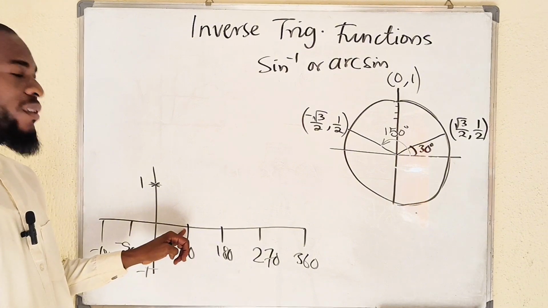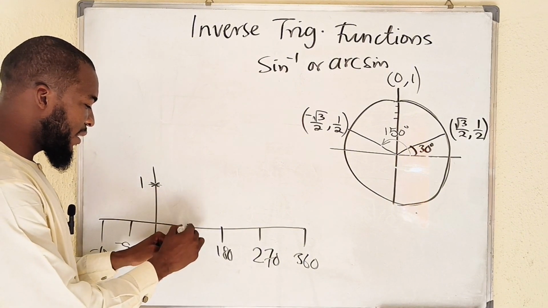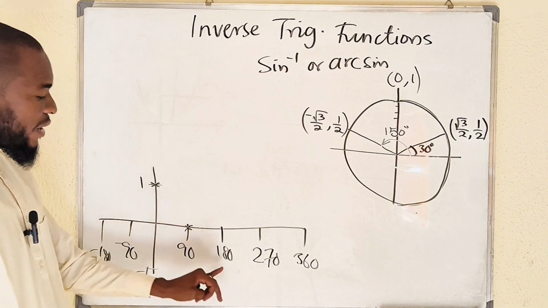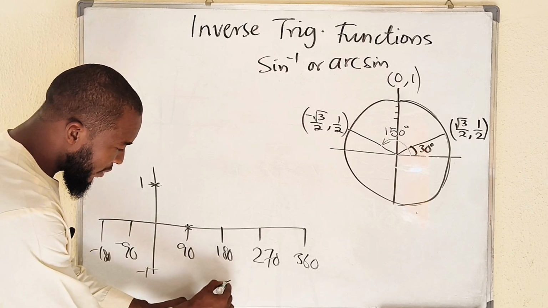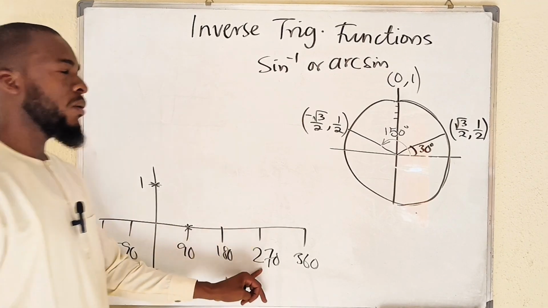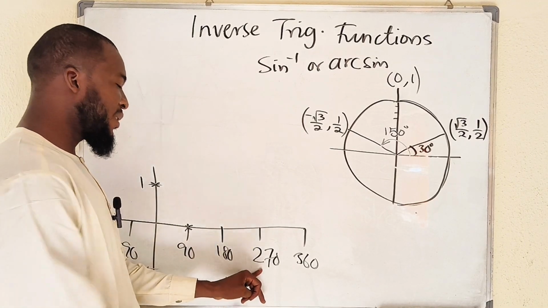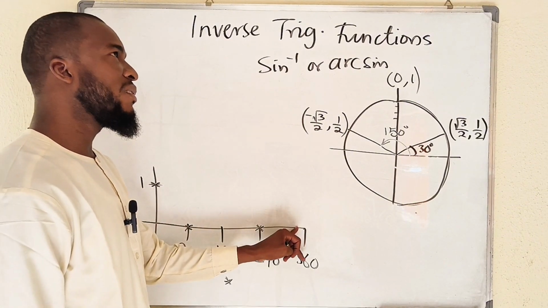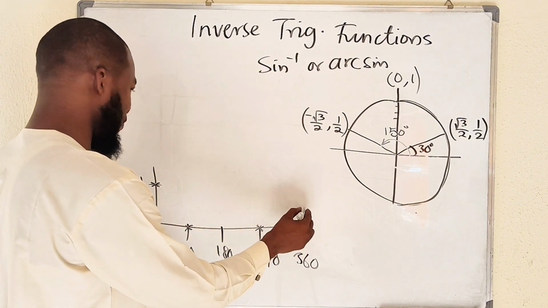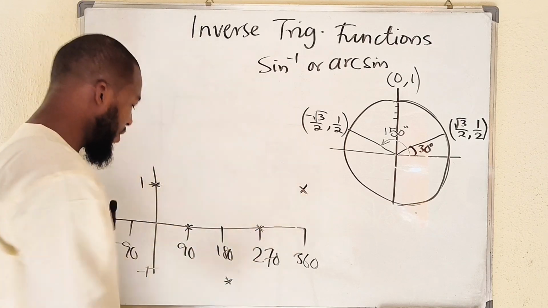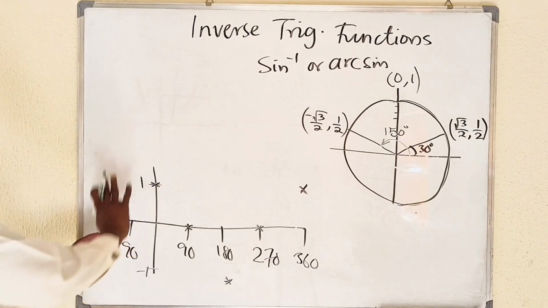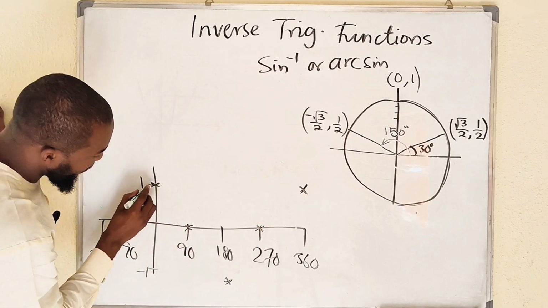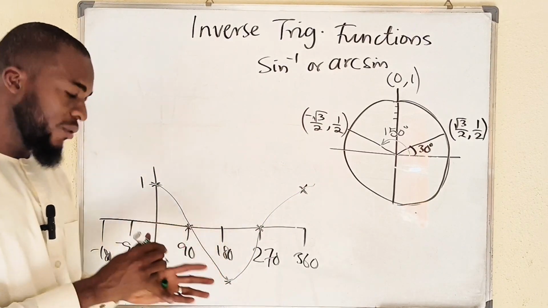Cosine of 90 degrees is 0, right? Cosine of 180 is negative 1. Cosine of 270 degrees is 0. Cosine of 360 degrees is 1. So we have 1 here. Let me just use one cycle. So this is how it looks.